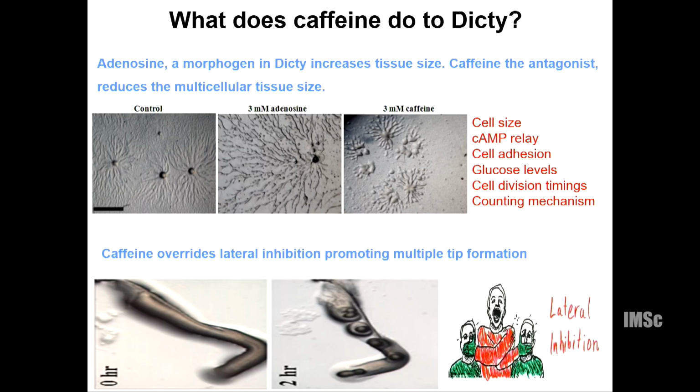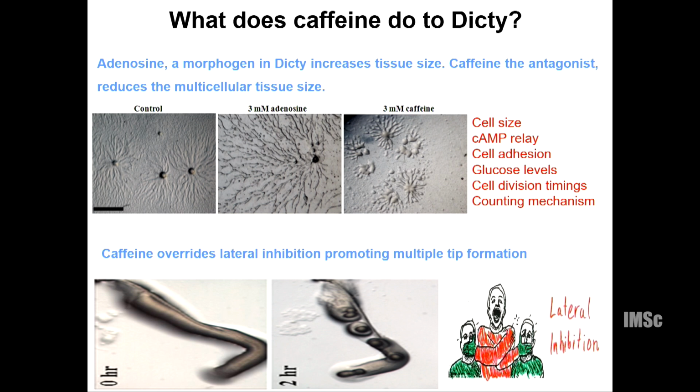Initially when we started, we looked at the role of caffeine in this problem. That led me to working on adenosine deaminase. This is a slug. If you transplant this slug and put it onto a plate containing caffeine, then you have multiple heads, multiple tips that are formed. Normally you have only one tip, at the front end. But when you put it here, then you get multiple tips.